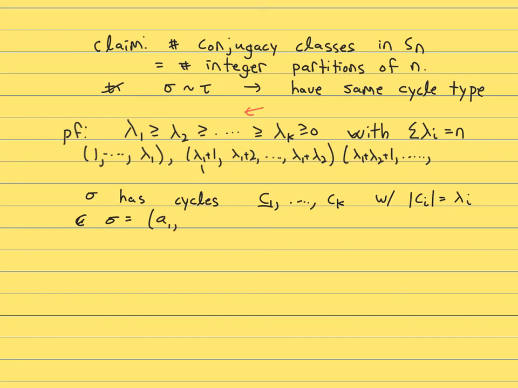That's going to be (a1 up to a sub lambda 1) for some elements. Let's write down the second cycle, and up to some ordering, the order doesn't exactly matter, then (a sub lambda 1 plus 1 through a sub lambda 1 plus lambda 2), and so on. The point is, any such permutation has cycles. Write down what the cycles look like, some representation, and we're to choose some first element.